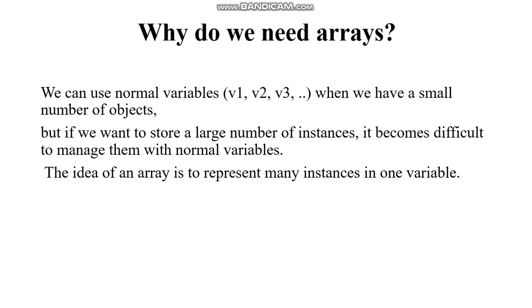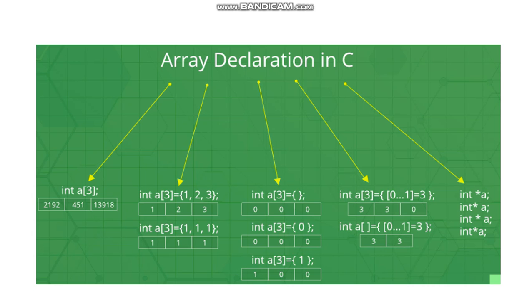It is a very difficult task. Instead, we can use salary as one variable with varying indexes. Salary of 0 means the first employee, salary of 1 means the second employee, salary of 2 means the third employee. This word salary can be reused. There are a lot of advantages to using arrays.